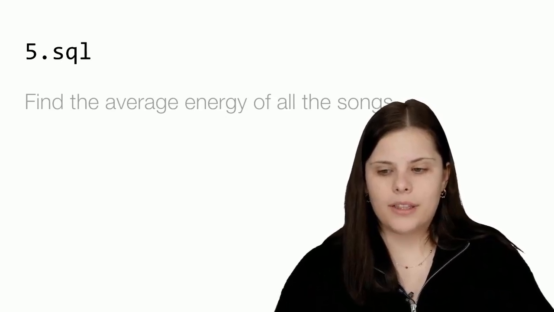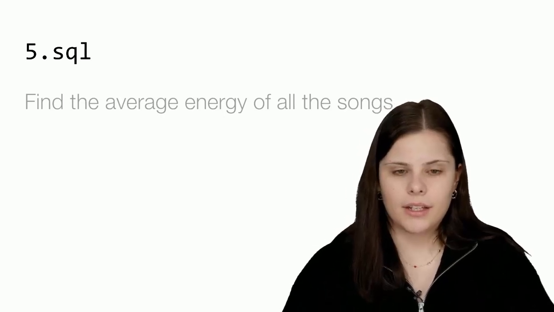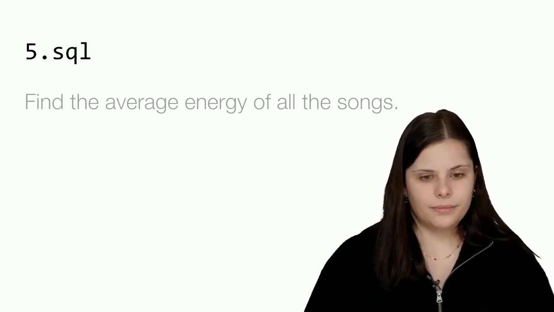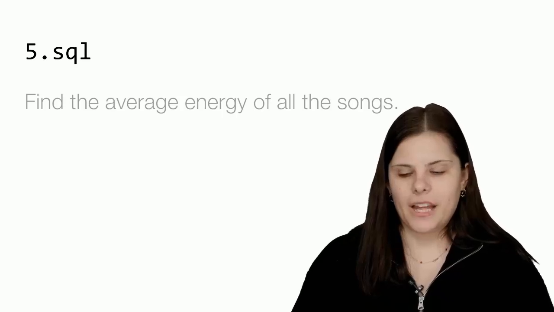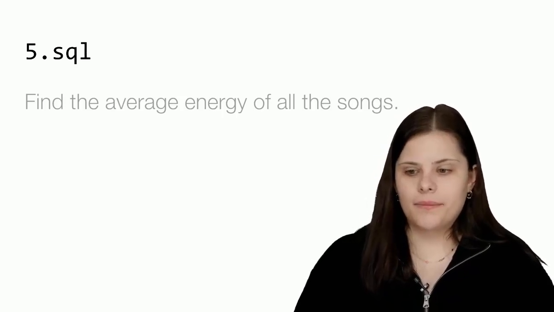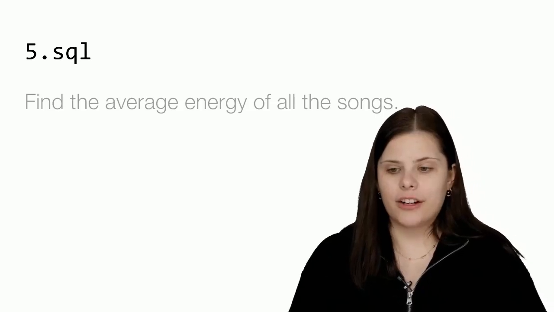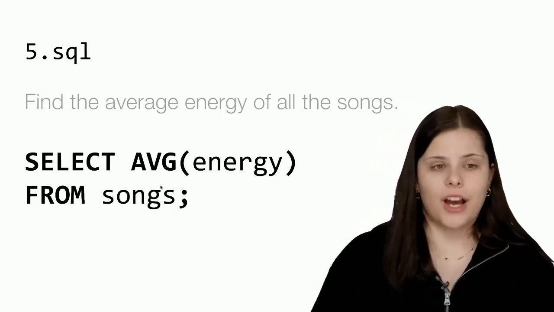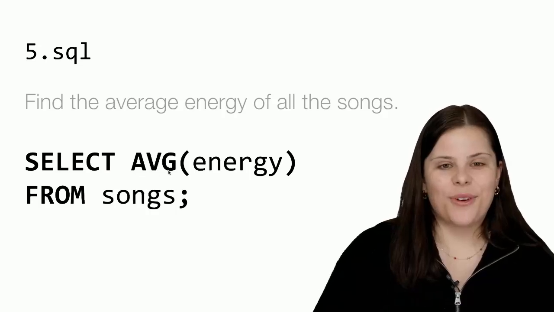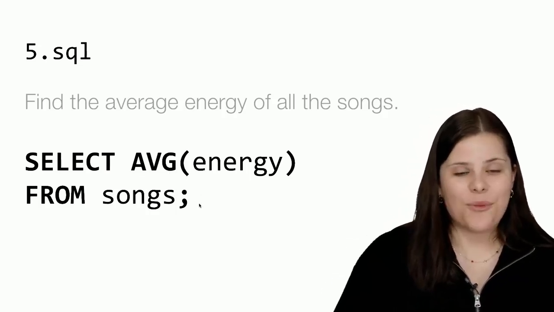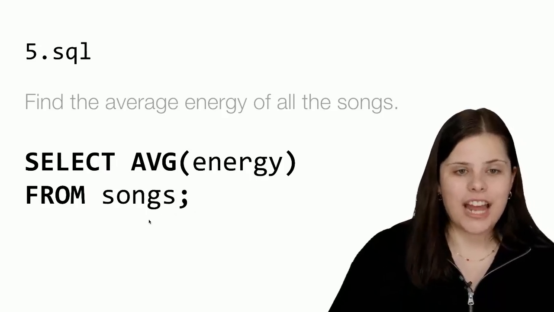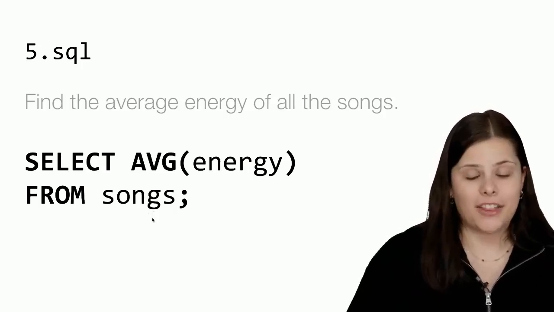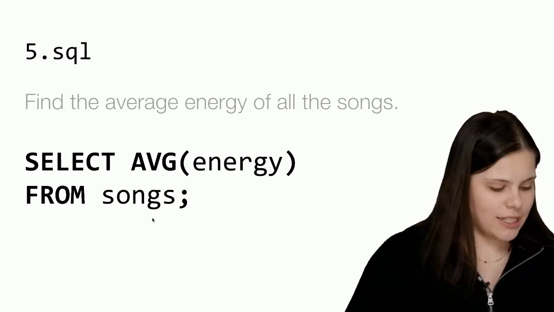How might we go about this query? So, select average energy from songs, just being careful with the keywords. So AVG stands for average, and that is how we can find the average energy in all of our songs, because we didn't specify any other constraints in the songs table.